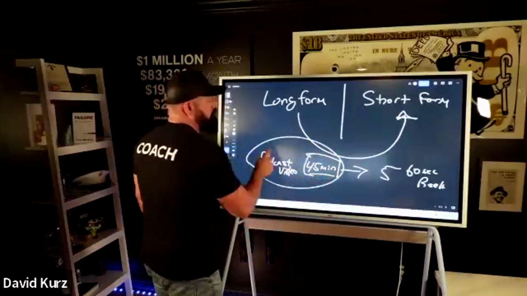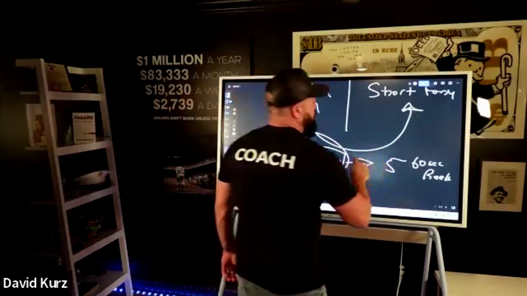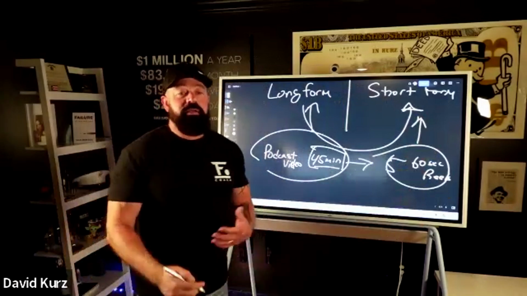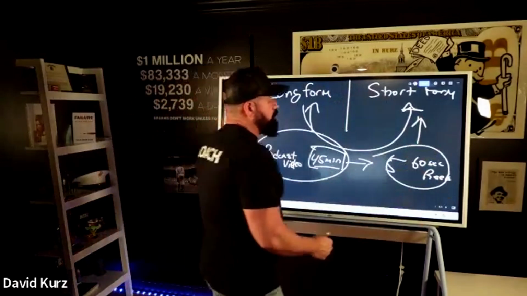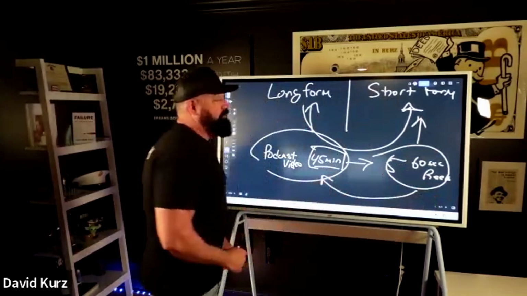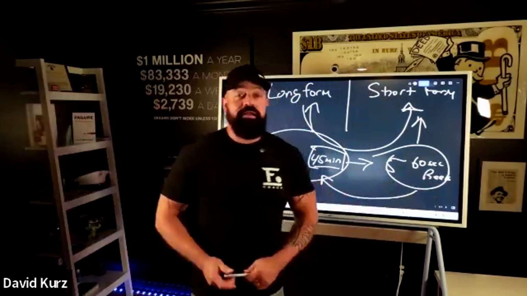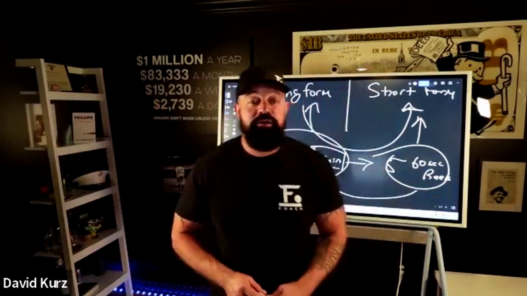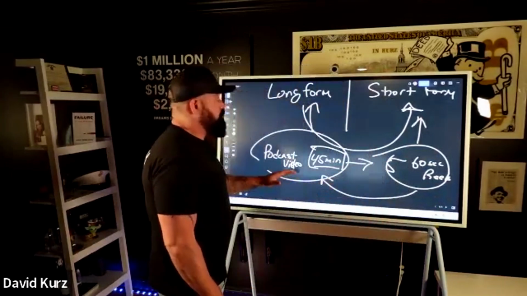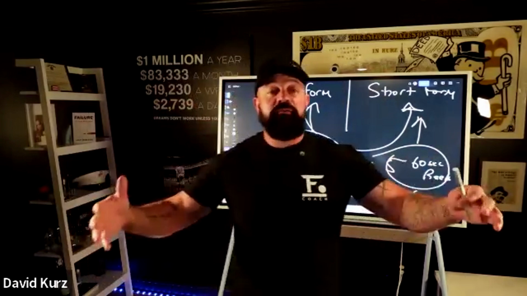So now I have the long form and I have the short form with my 60-second reels, all from the same content. What am I doing on these reels? I'm pointing it back to the long form video. So if this little bit of information that you got in these 60 seconds captivated you, then you might want to watch the full 45-minute version.